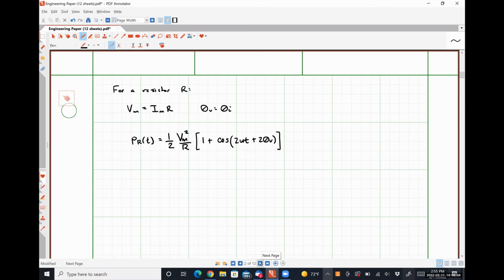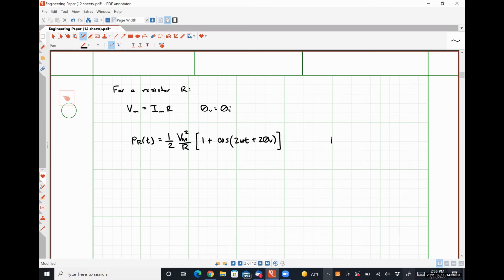What is very useful about this particular representation is that you only need to know the phasor voltage over the resistor. There are no phasor current relationships in here, right? We don't need to know the magnitude of the current. We don't need to know the phase angle of the current. So if we only know the voltage, we can determine the power absorbed by the resistor.